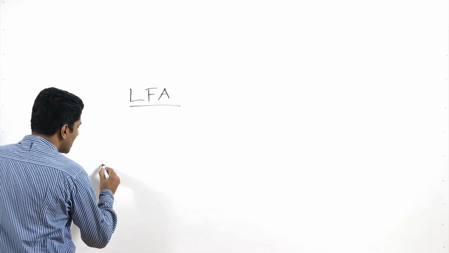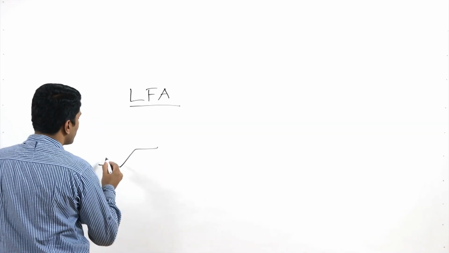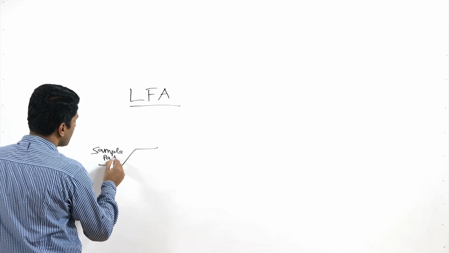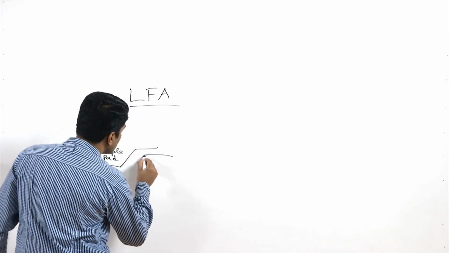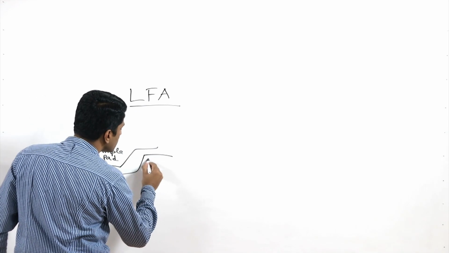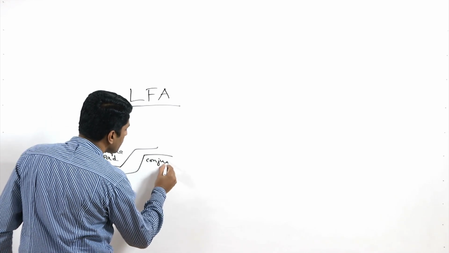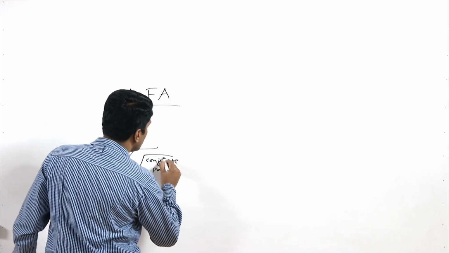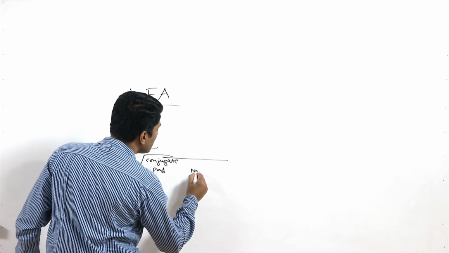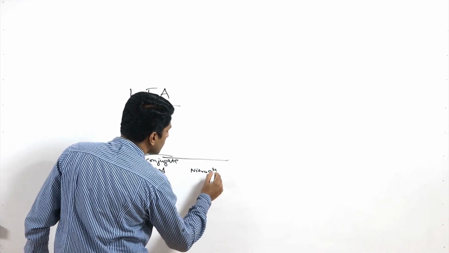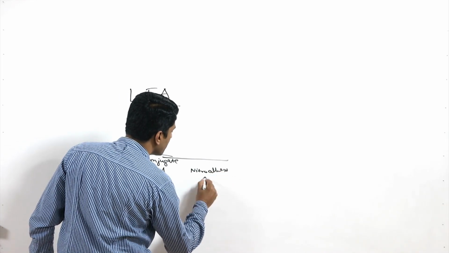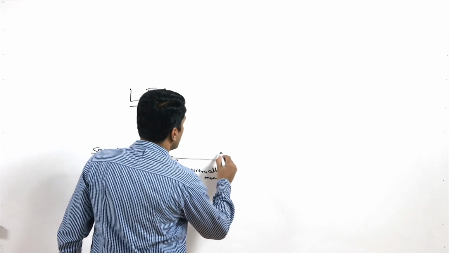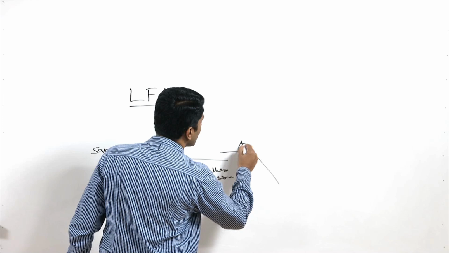Here in this lateral flow assay we will have the sample pad, and we will have the conjugate pad, and below that you will have the nitrocellulose membrane, and here we will have the absorbent pad.